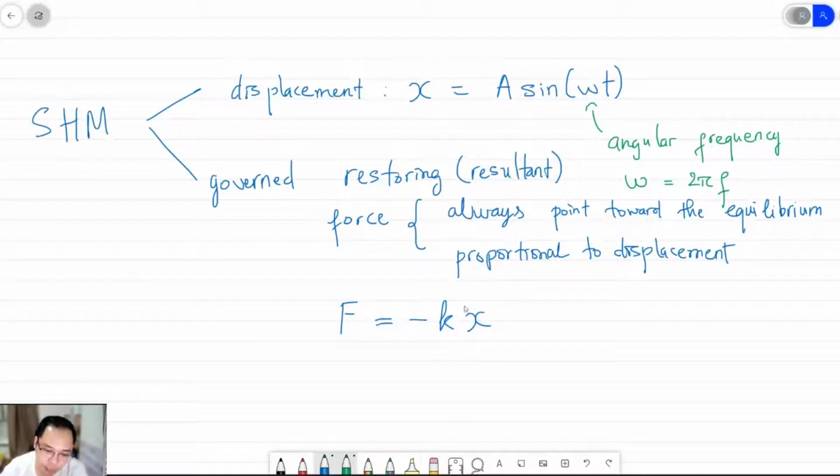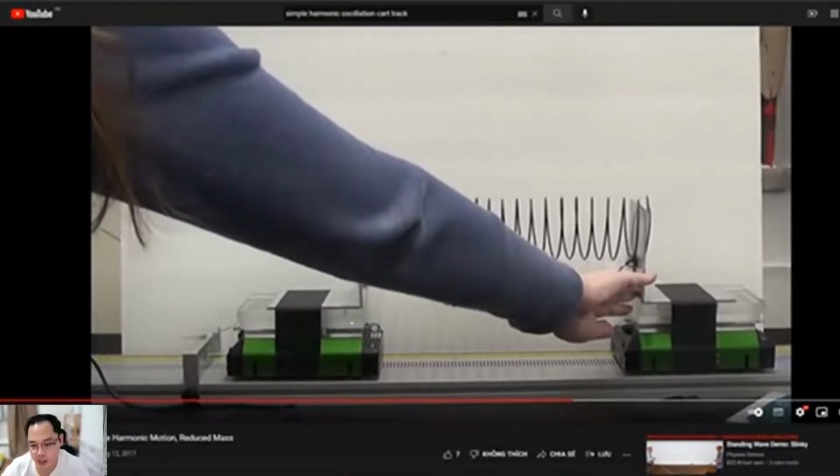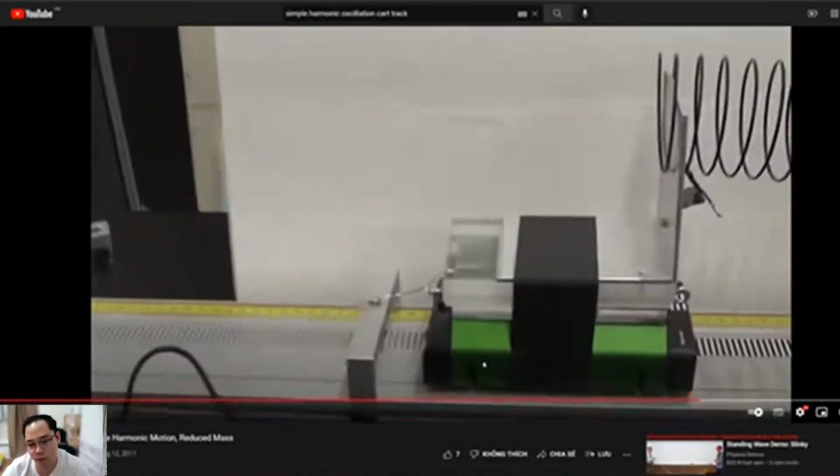When we increase the displacement by 2 times, the resultant force will be 2 times greater. This is an example of simple harmonic oscillation: a spring pendulum with an object that can move smoothly on a very smooth surface, with very low friction.